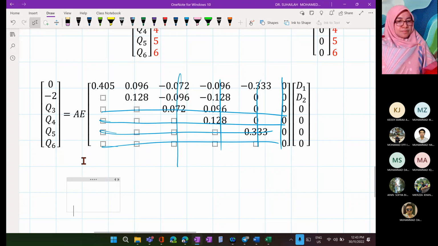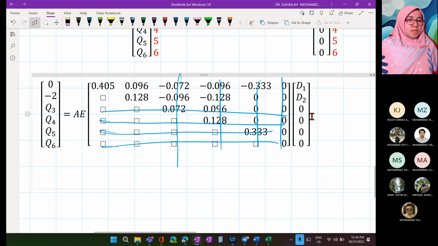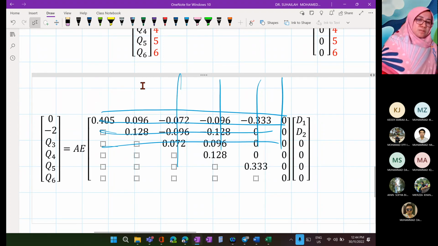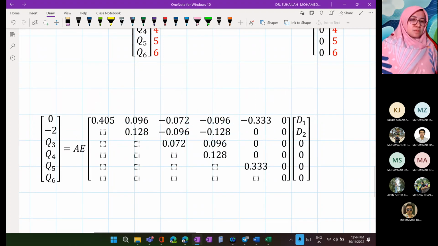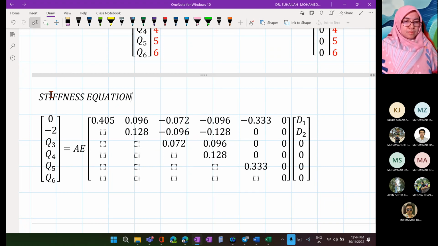So what we get is just like this. This one is called the stiffness equation, or force displacement equation.